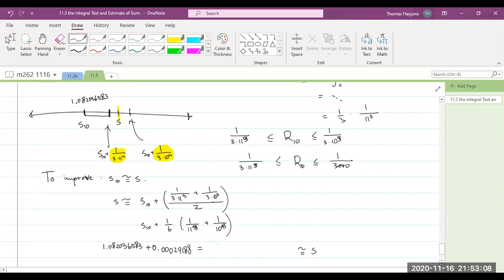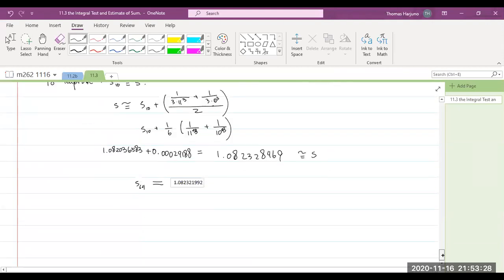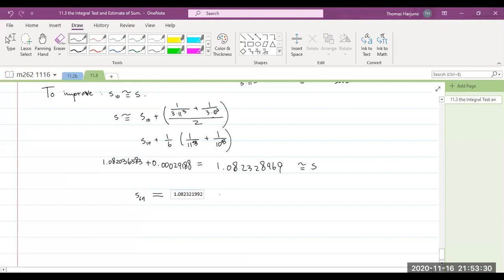So what will that be? Plus 1.082036583. This is 1.08232849. That's what I get. Okay, now let's see the difference between what I estimate compared to the sum up to 64 terms.